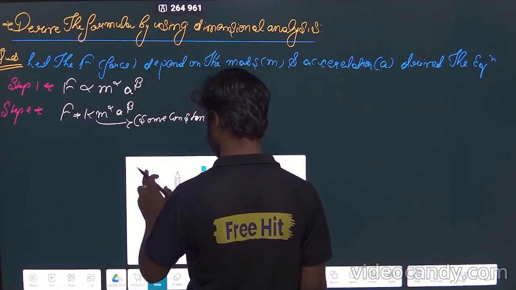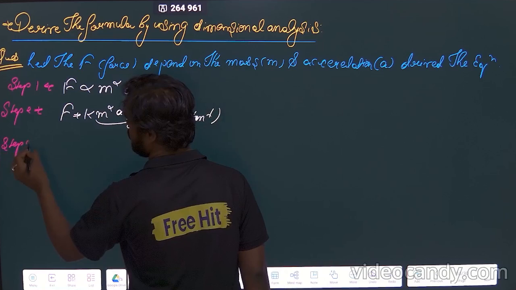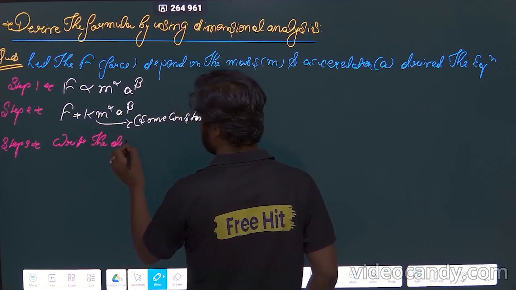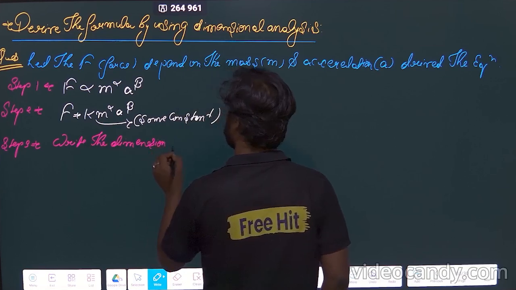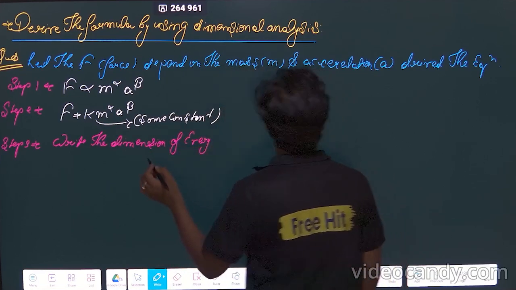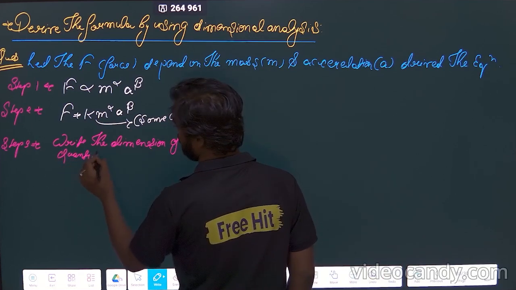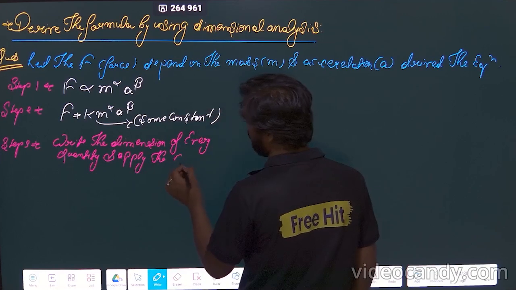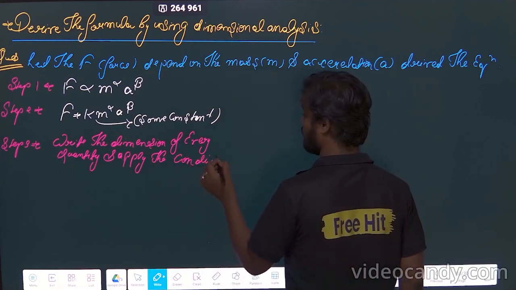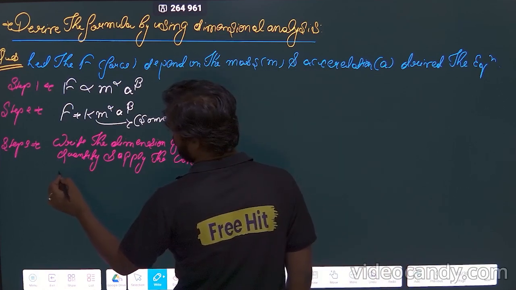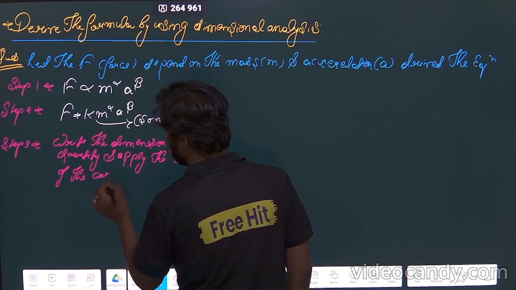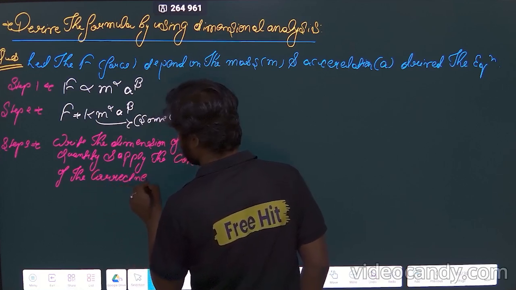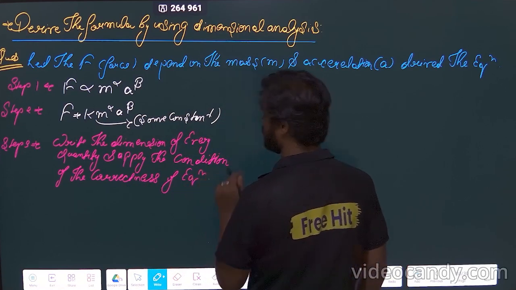Now after that, write the dimensions of every quantity and apply the condition of correctness of equation. That is the thing you have to follow.